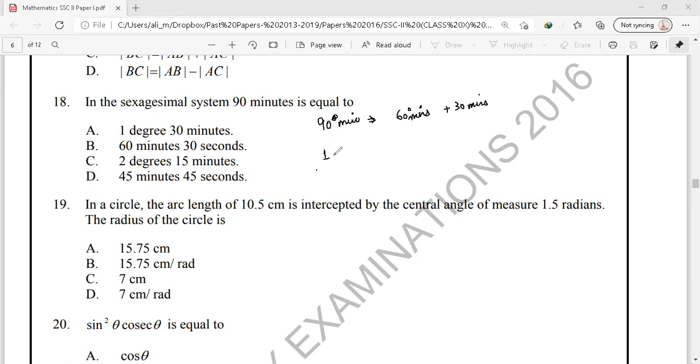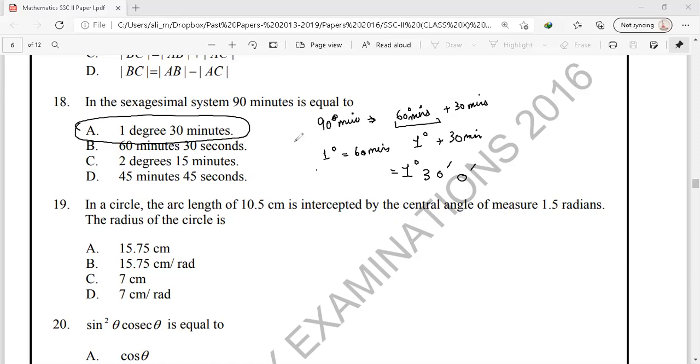We know that 1 degree is equal to 60 minutes, so the 60 minutes will become 1 degree, plus we have 30 minutes. This can be represented as 1 degree, 30 minutes and 0 seconds. So the correct option we have is option A.